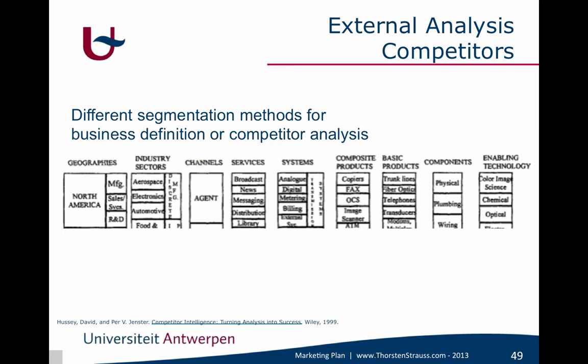You can segment by services you provide. You can segment by systems you provide, by composite products you provide, by basic products you provide, by components that you provide, by enabling technology. And here are really different types of segments and segmentation methodologies to define the business, and also you can define the competition here.